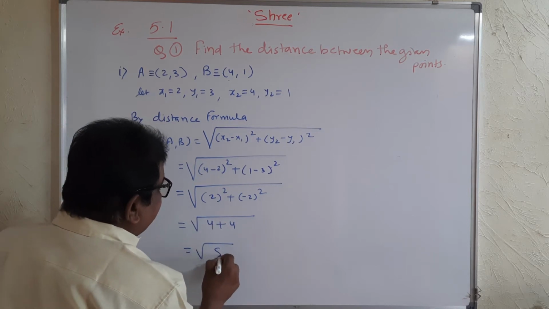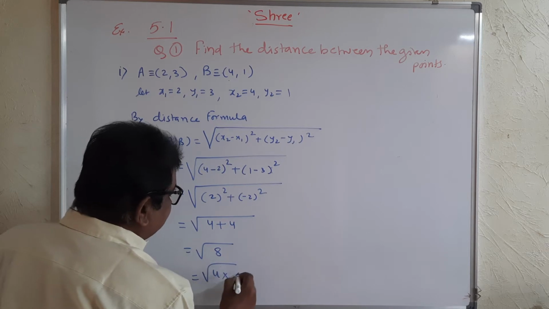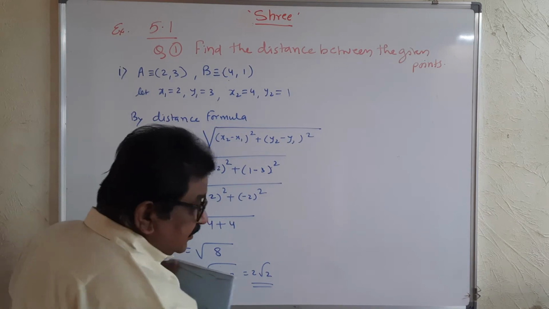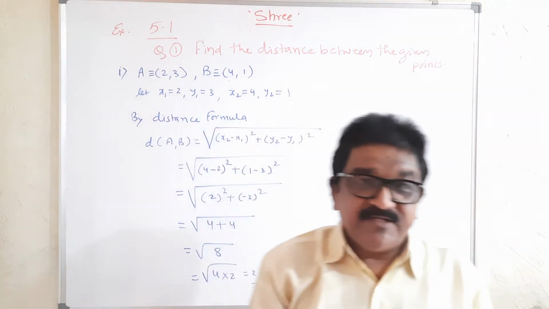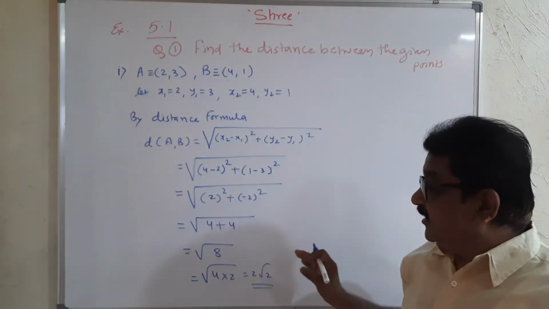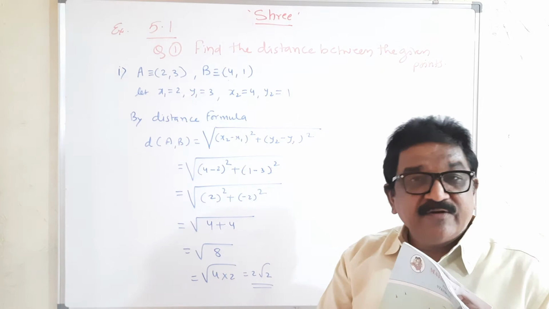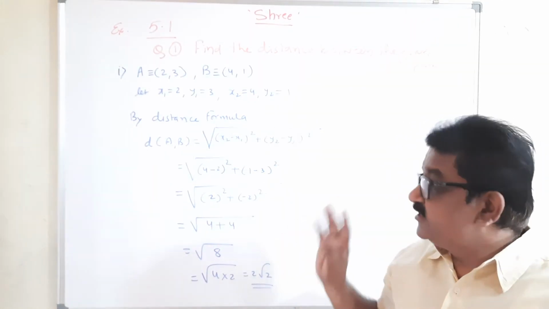So it is 8. So it will be under root 4 into 2, which is equal to 2 root 2, the distance. There will be no units to these distances. As distance is graphical distance, you don't have to give any units.